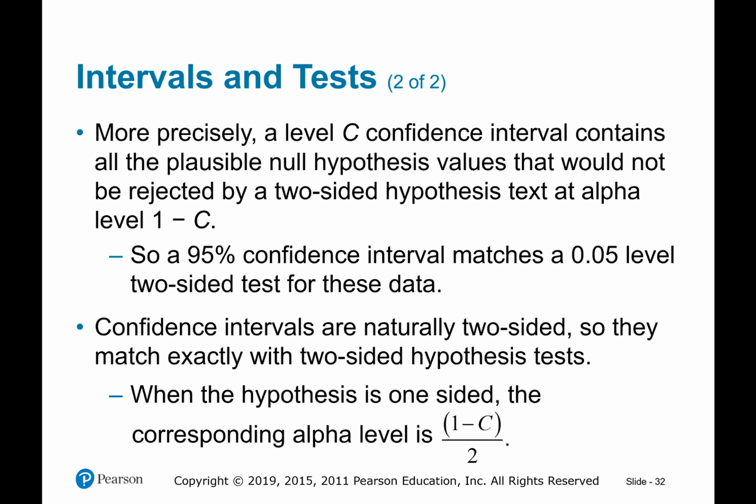It has all the plausible null hypothesis values. The ones that we would kick out would be 1 minus C. So a 95% confidence interval is that 0.05 level on a significance test. Confidence intervals are naturally two-sided, so they match with a two-sided hypothesis test.